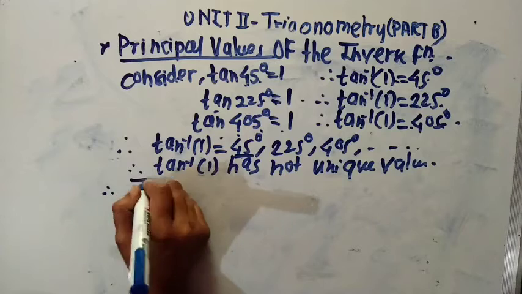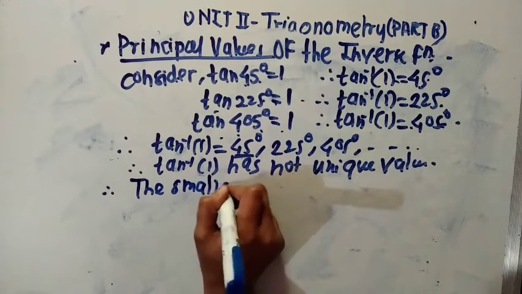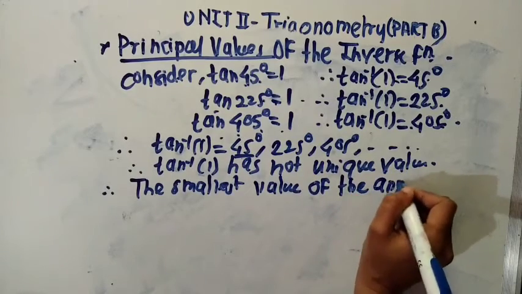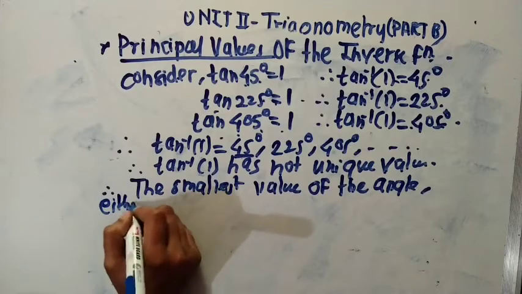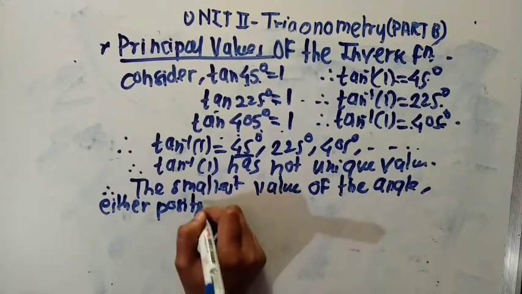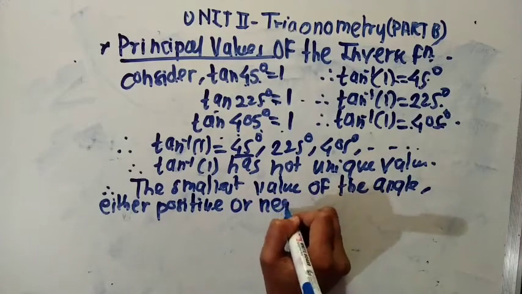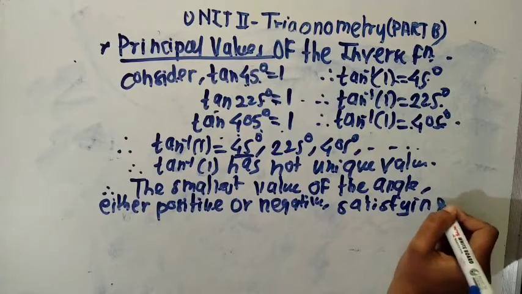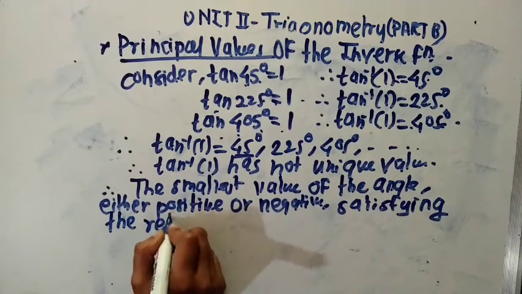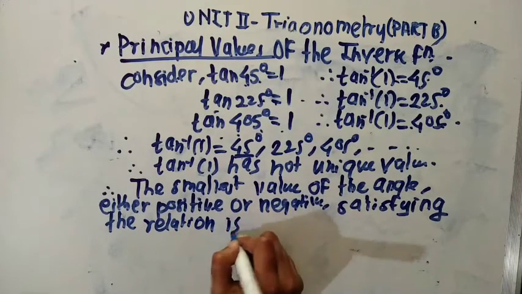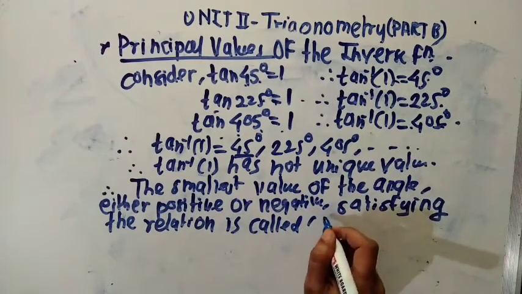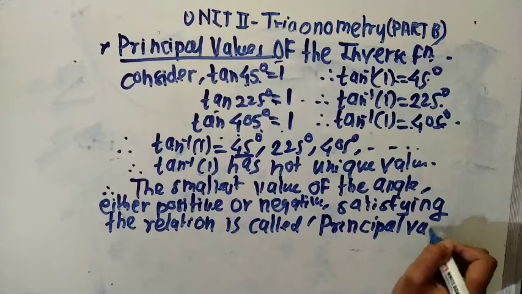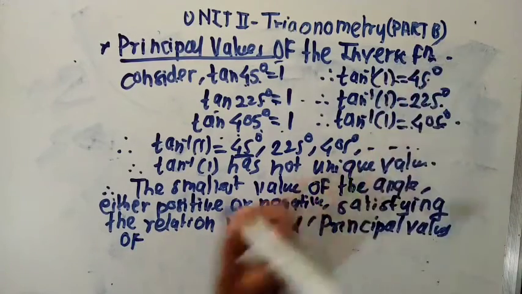Hence the smallest value of the angle, either positive or negative, satisfying the relation is called the principal value of the inverse trigonometry function.